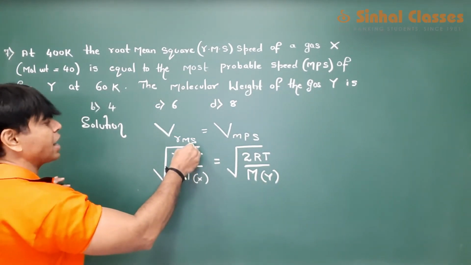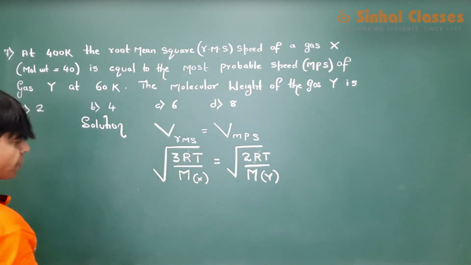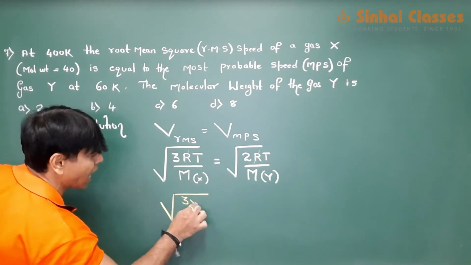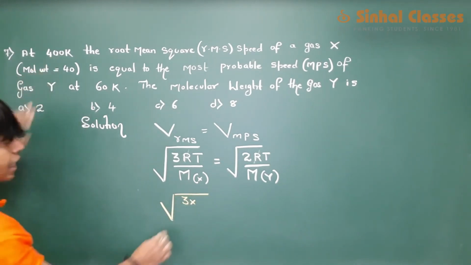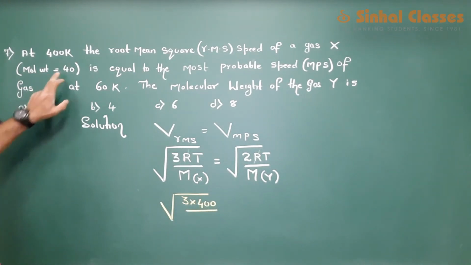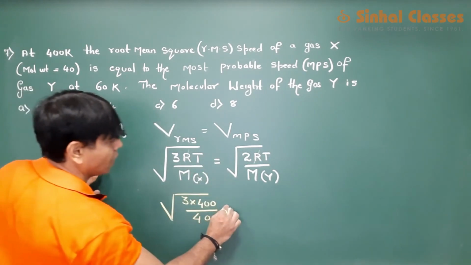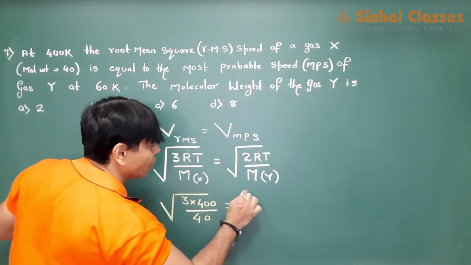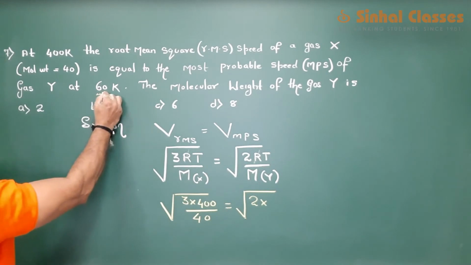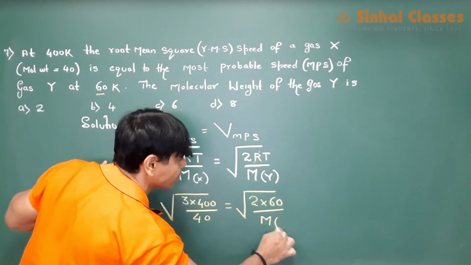Now R and R are the same, so that will not be counted. The temperature for X is given as 400 Kelvin and the molecular weight of X is 40. Whereas for Y, the temperature given is 60 and the molecular weight we need to find out.